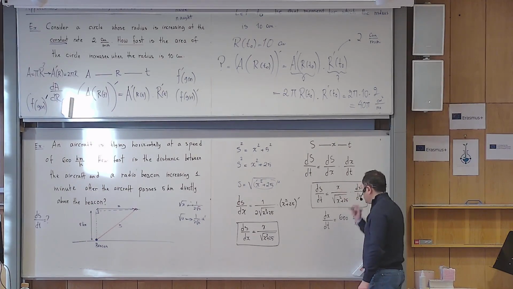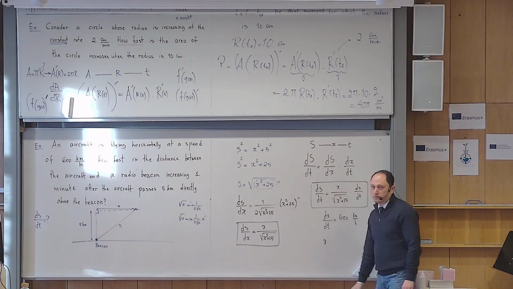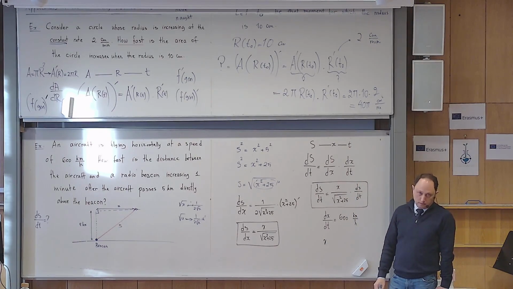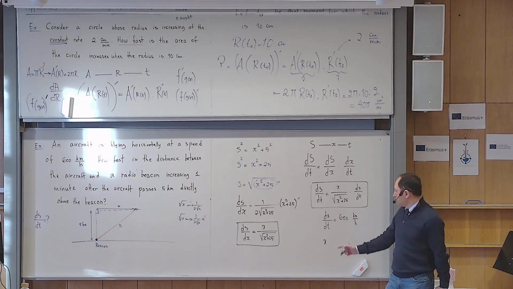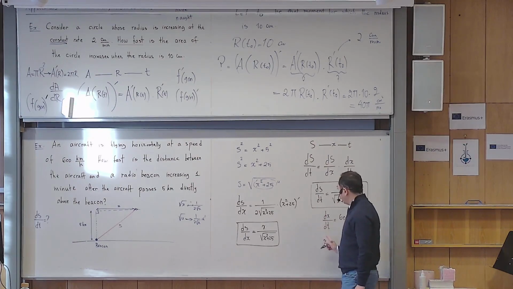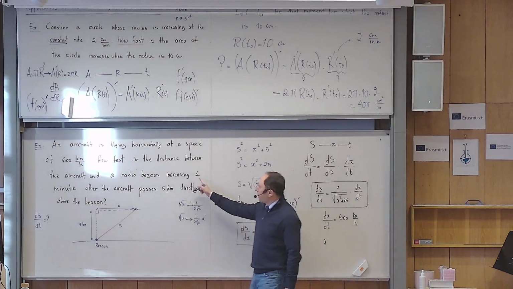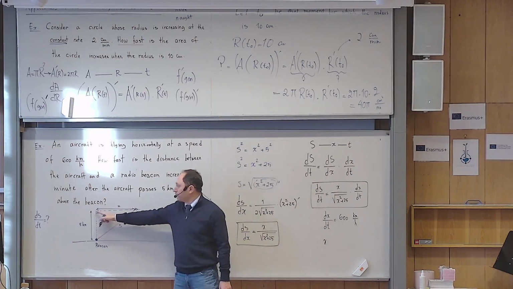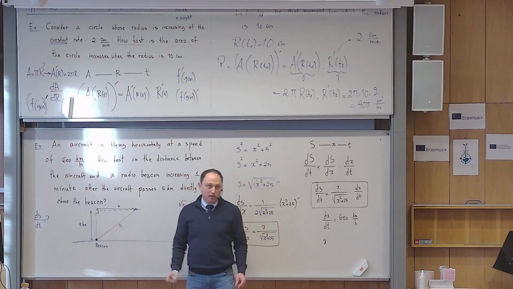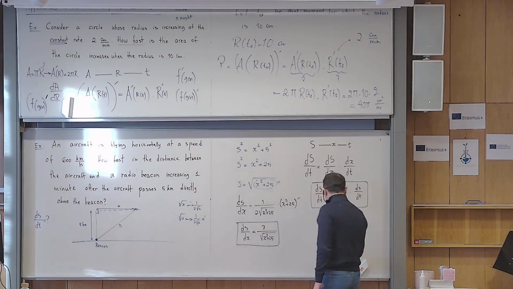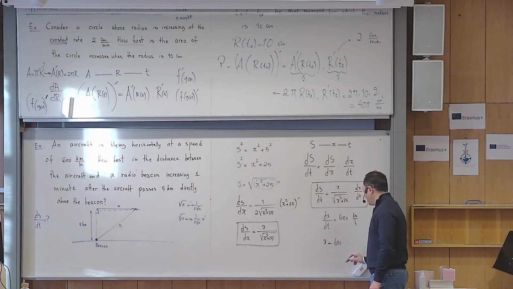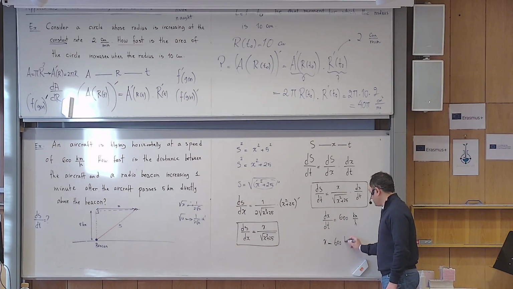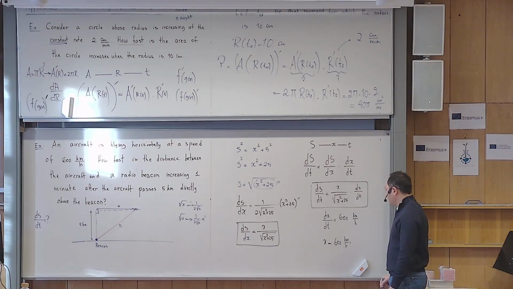But can you tell me what x is? Yes, because I am looking at that moment, which is 1 minute after the aircraft passed this point. The speed of the aircraft is 600 kilometers per hour, multiplied by the time. The time is 1 minute, which is 1/60 hours.